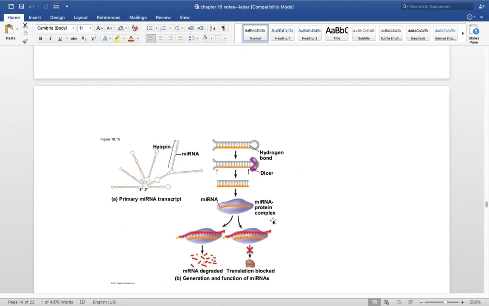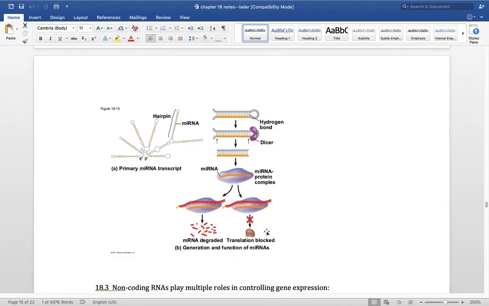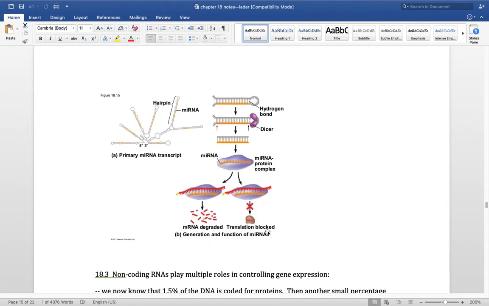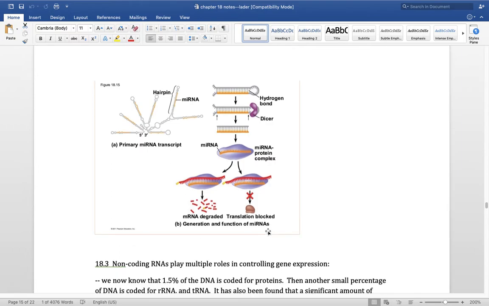Okay, here's another situation of regulation. This is where small non-coding RNAs are going to interfere with the mRNA and more or less attach to it and stop it. You can see right here what they're going to do. This is called a microRNA. It's single-stranded.